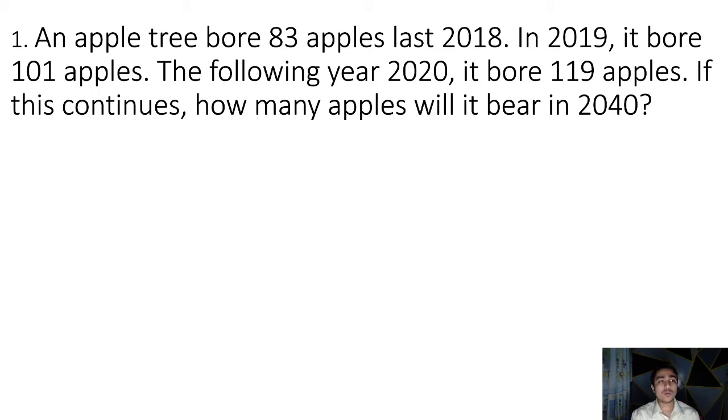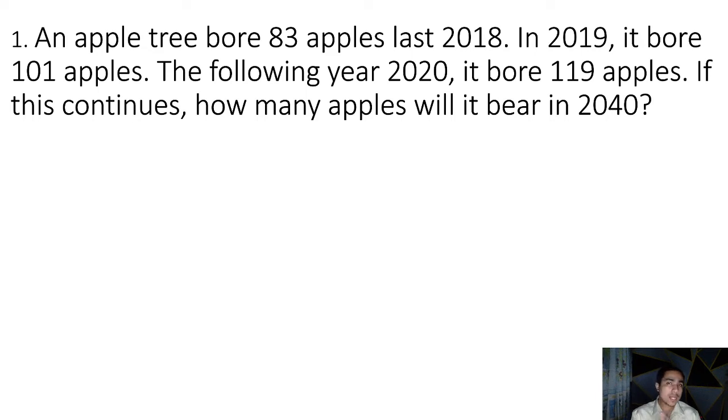So, ang tinatanong, kung tuloy-tuloy daw na ganito yung mangyayari taon-taon, how many apples will it bear in 2040? Ilan na yung magiging bunga ng apple tree pagsapit ng 2040.